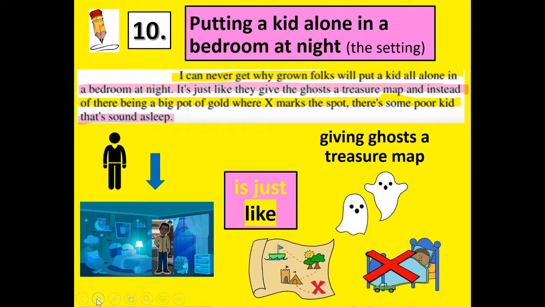And instead of X marking the spot for a pot of gold, there's X marking the spot with a poor kid that's sound asleep. Like, ghosts, come here and scare this kid. And that is a simile. Why? Because he is saying it's just like giving ghosts a treasure map.